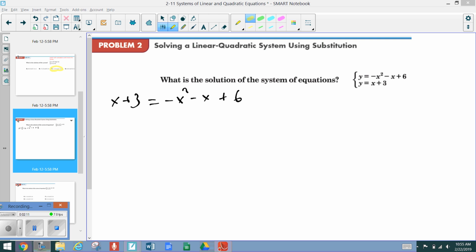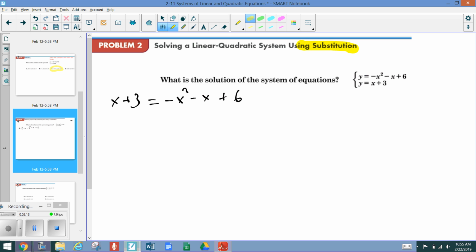Example. In this example, same type of question, but in this case, we're using substitution. We're going to use the substitution technique and then solve the equation. Okay, let's get the calligraphic pen.